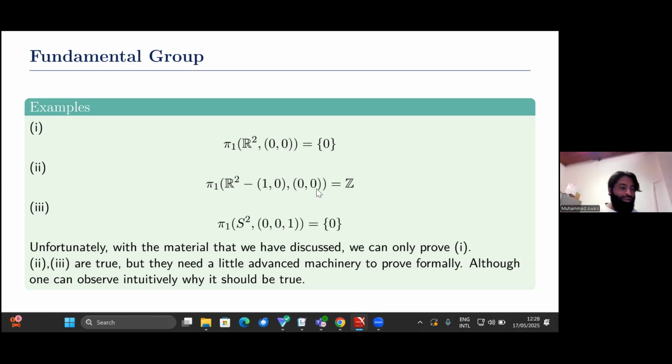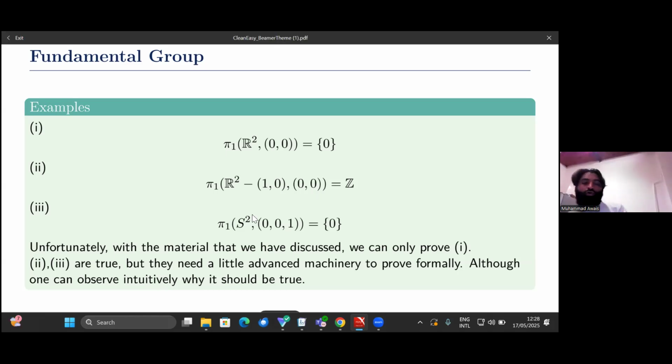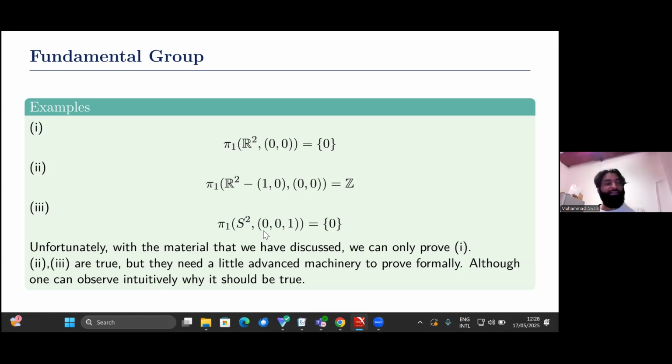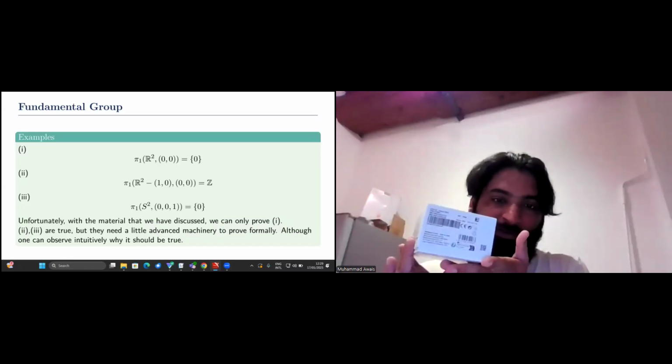Similarly, the fundamental group of the sphere based at, let's say, the north pole should be trivial. This is the very early example which I gave. Whatever loop you have, you can shrink it from one side or the other.